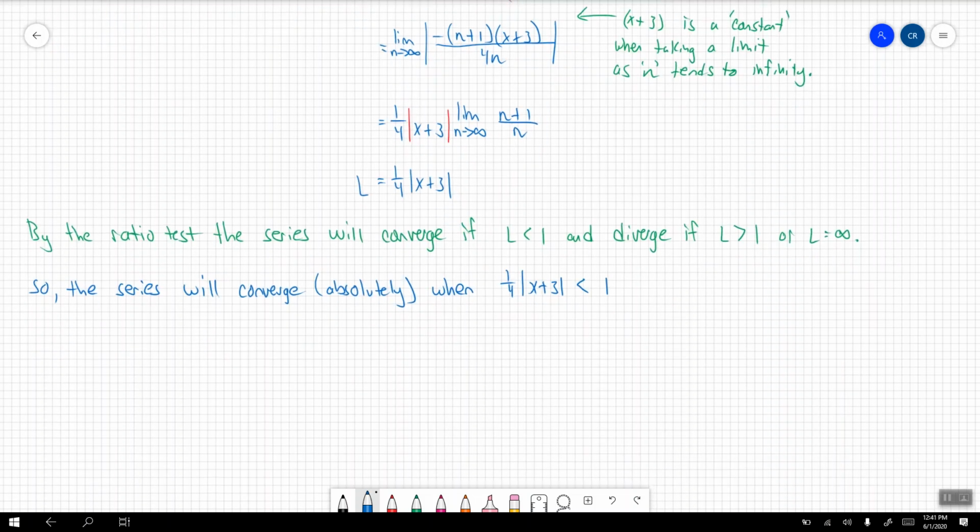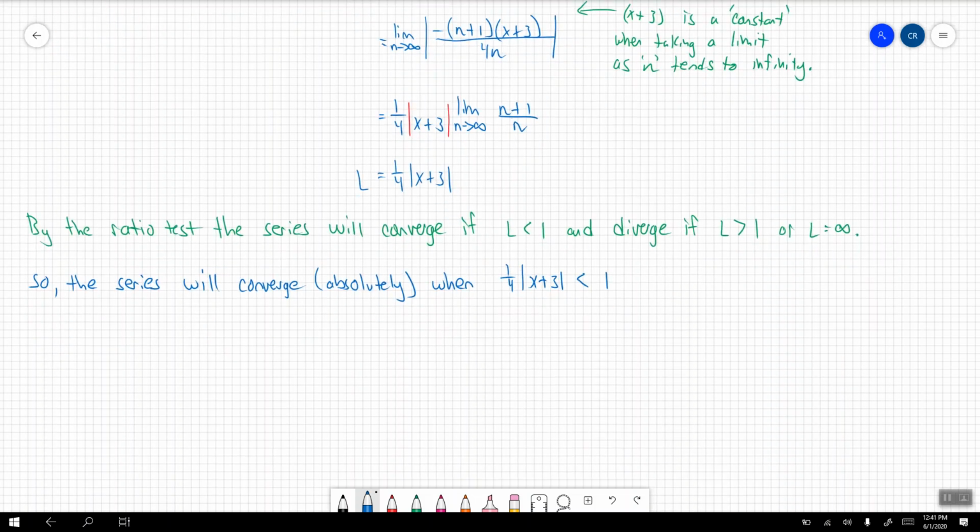All right, so that's kind of nice for what we get now. What does that mean for us? Well, it means that the absolute value of x plus 3 must be less than 4 in order for this to converge. Awesome. What does this tell us? This actually gives us the radius of convergence.